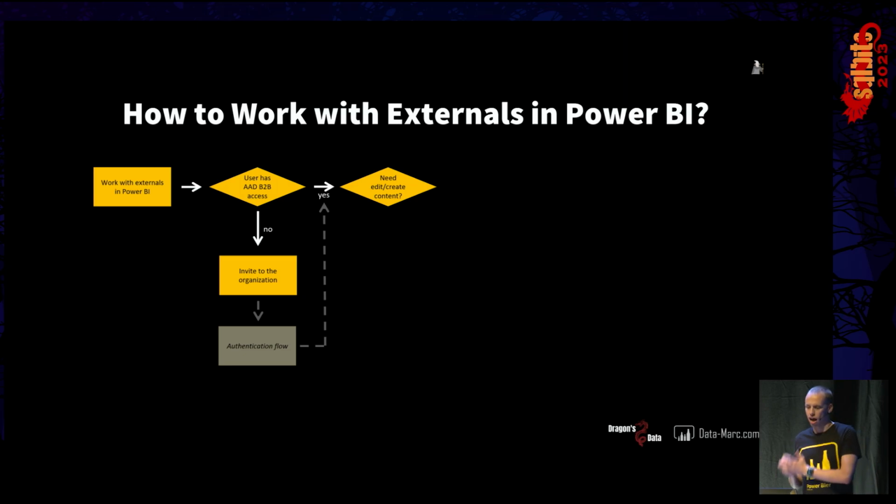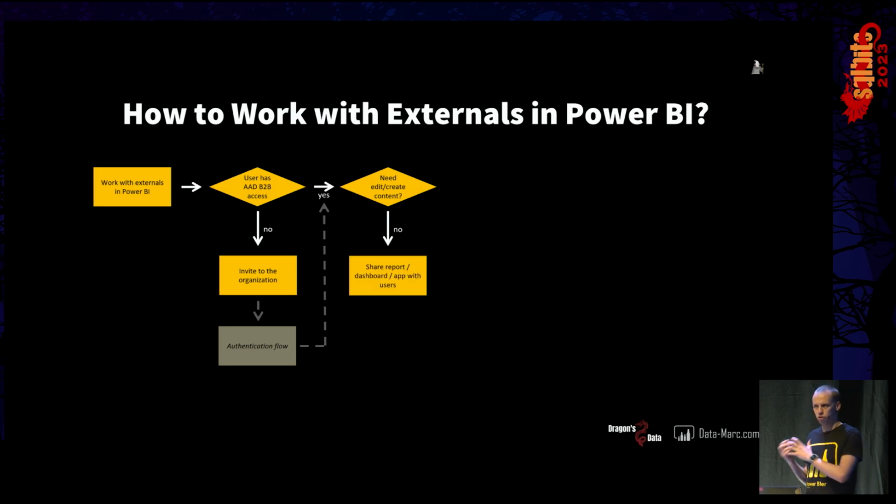In case the user has access, the next question we should ask ourselves is, does this user only need to view content, or also edit and create content in our environment? In case the consulting company also needs to create new content, build new reports, build new datasets maybe, then we also need to think about some other steps that we have to take.